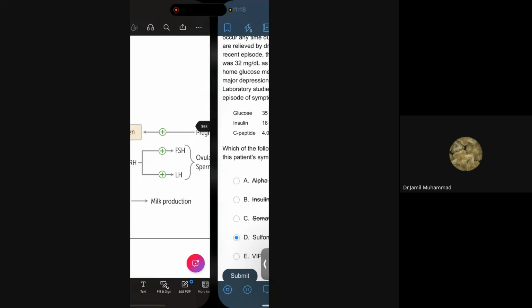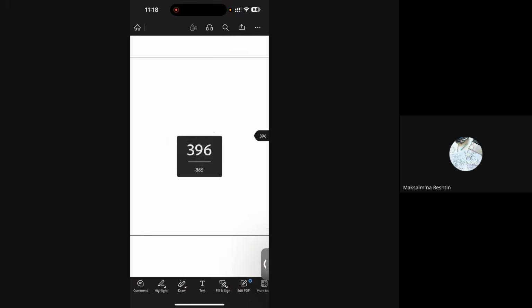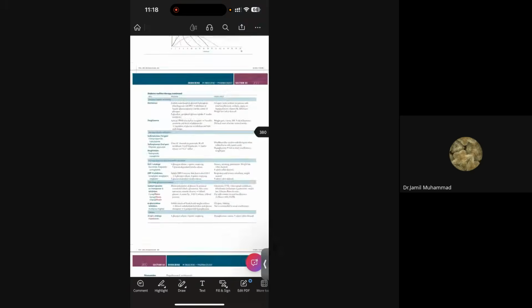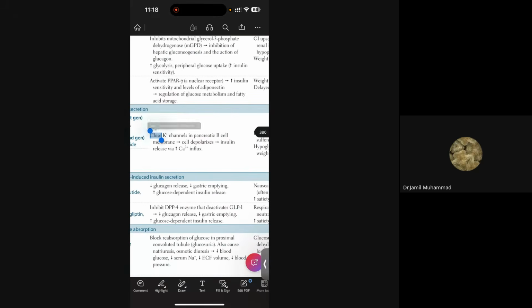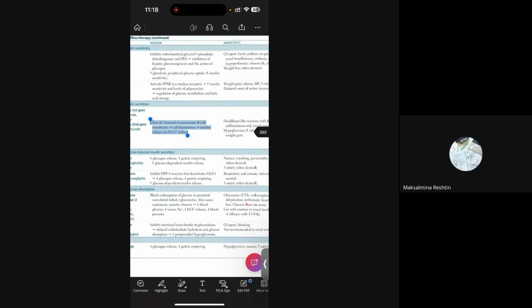Sulfonylurea stimulates insulin secretion, no? Yes. What is the mechanism of action of sulfonylurea? It closes the potassium channel in pancreatic beta cells, the cell depolarizes, and increased calcium influx increases insulin release.